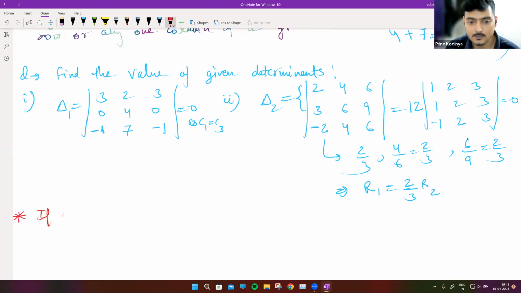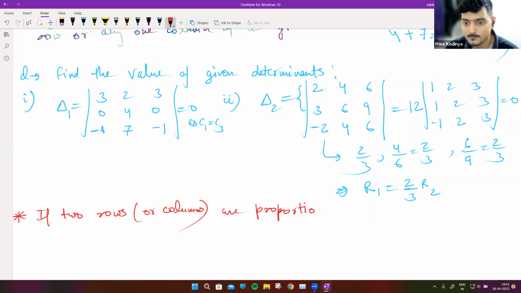If two rows, obviously when I say rows, you should also read it as columns. The rule is the same for rows and columns. If two rows or columns are proportional, that is, they have the same proportion throughout all the elements, then the value of that determinant is also 0.